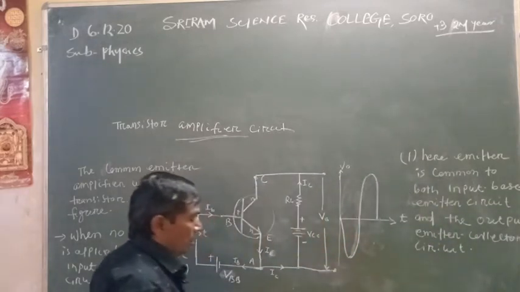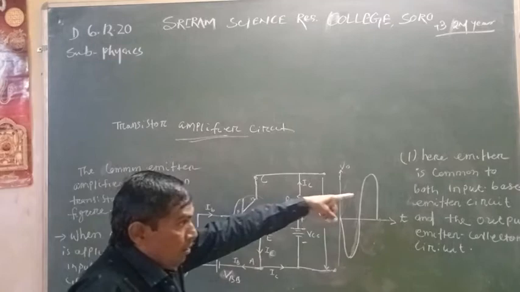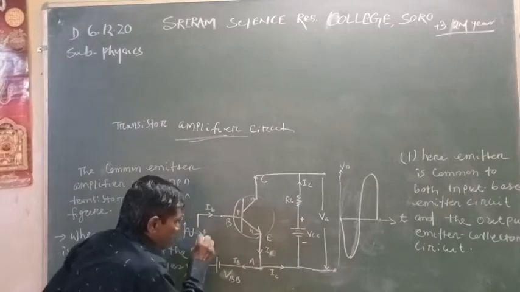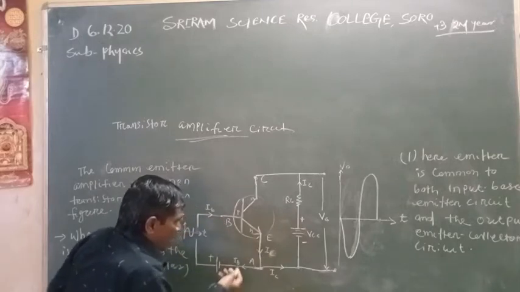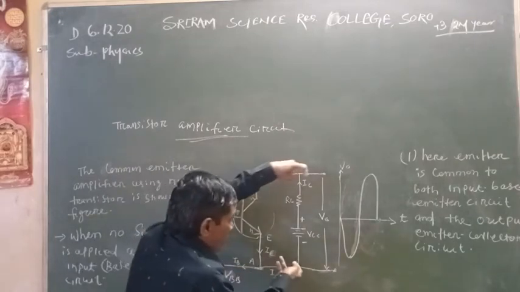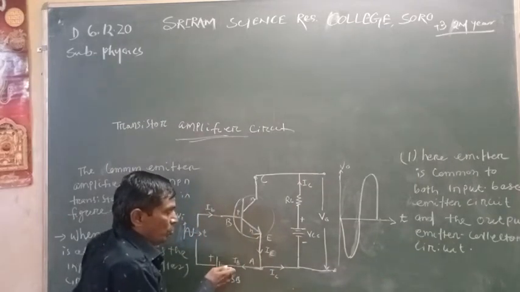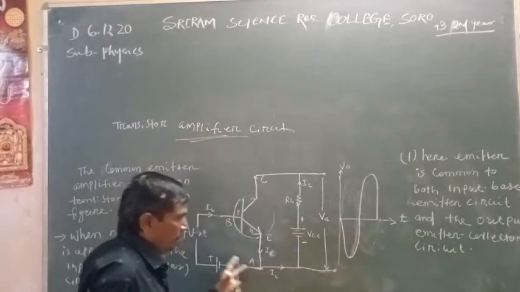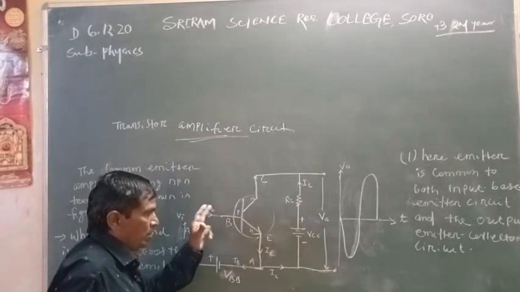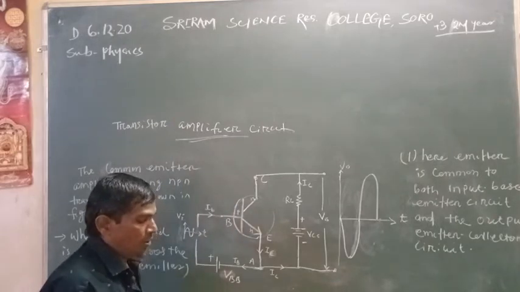So this is the emitter terminal. Input is applied across the base and emitter, and output is taken from the collector and emitter. So the emitter is common to both input and output. This type of connection is known as a common emitter amplifier circuit of an NPN transistor.